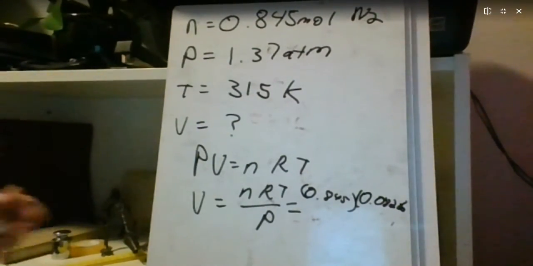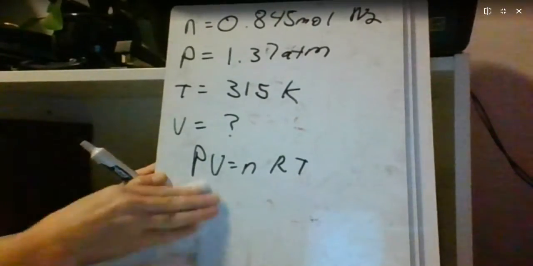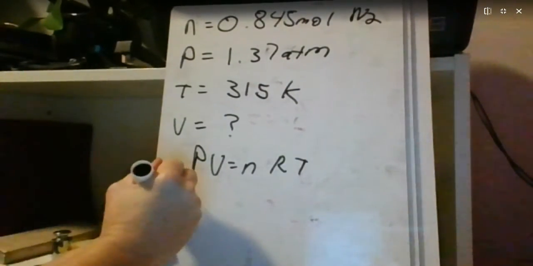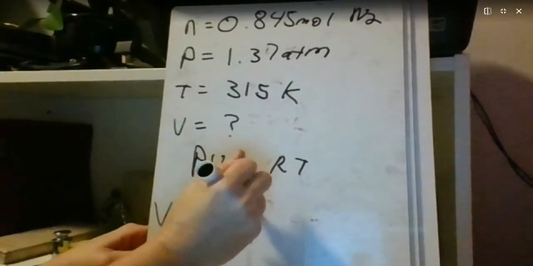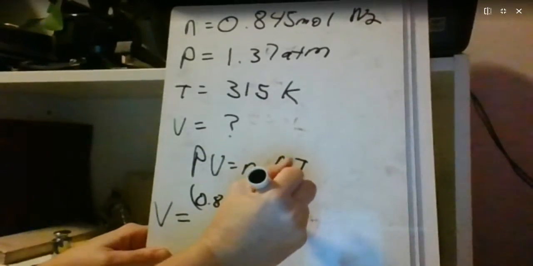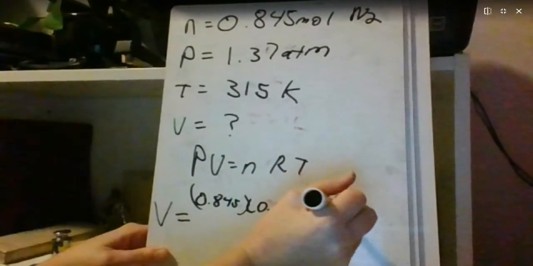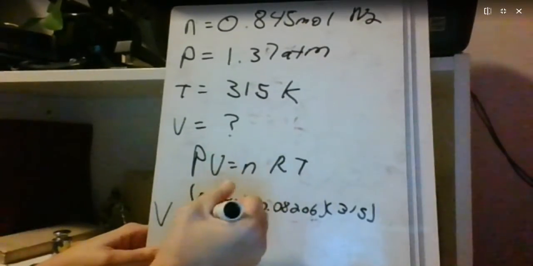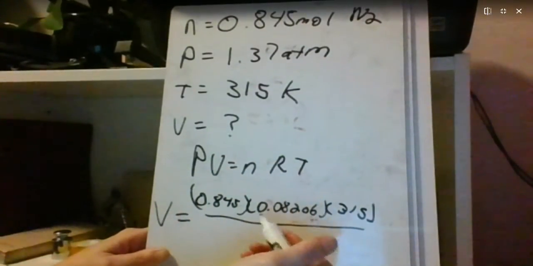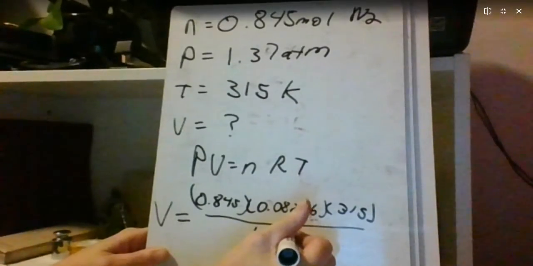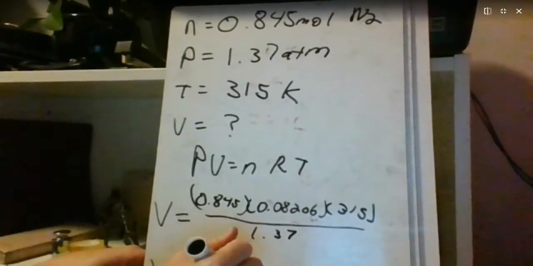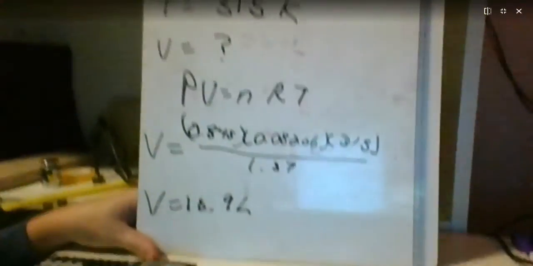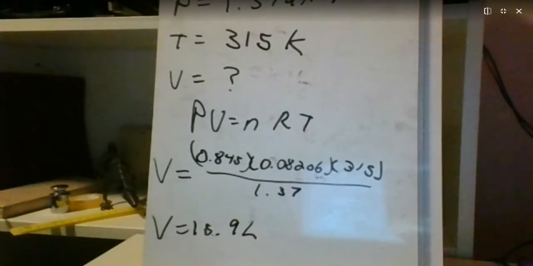So V is going to be equal to 0.845 times R, 0.08206, times T, which is 315 Kelvin. I'm not writing the units to conserve space. 1.37 would be your pressure. Work this all out, and you should get 15.9 liters as your answer. That's not a 16, that's a 15.